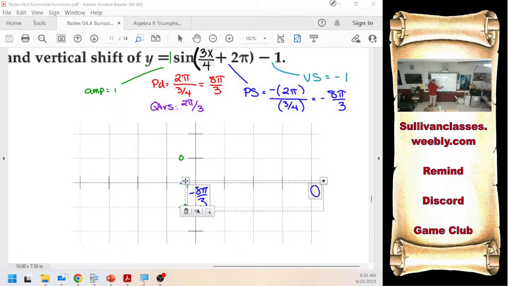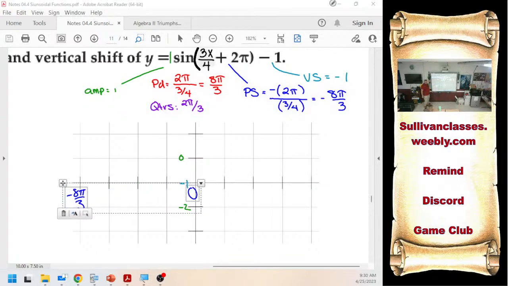If I wanted to, I could do my graph like this, then I would just keep going. So I have 2 periods of it. Nice. No, the period is 8 pi over 3. If the phase shift is the same as the period, that means the phase shift is completely irrelevant. That's why I chose 3/4.